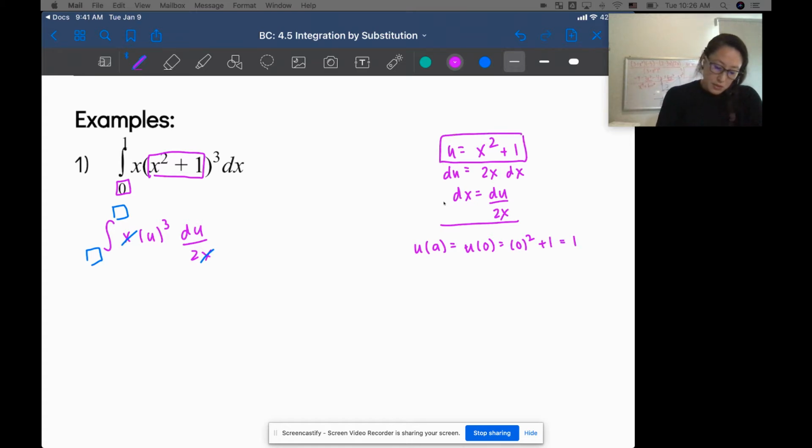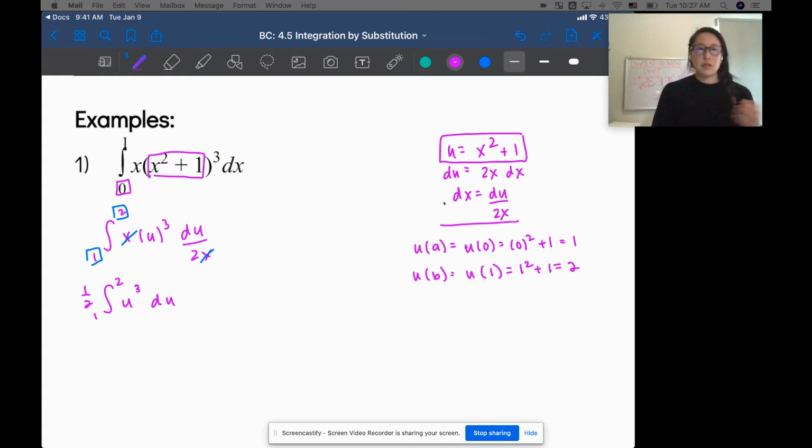So u of 0 is equal to 1. u of b is equal to u of 1, so that would be 1 squared plus 1, which is 2. Okay, so now what we're doing is integrating from 1 to 2 of u cubed du over 2. So 1/2 times the integral from 1 to 2 of u cubed du.